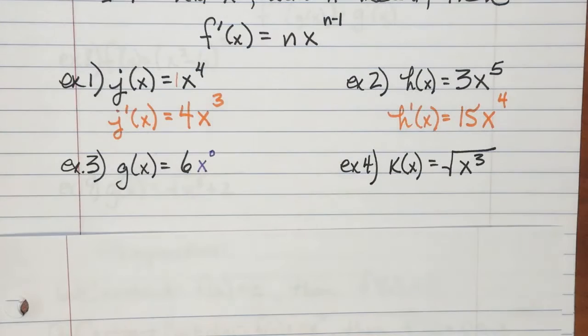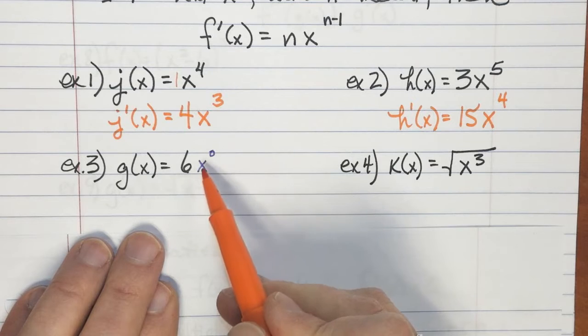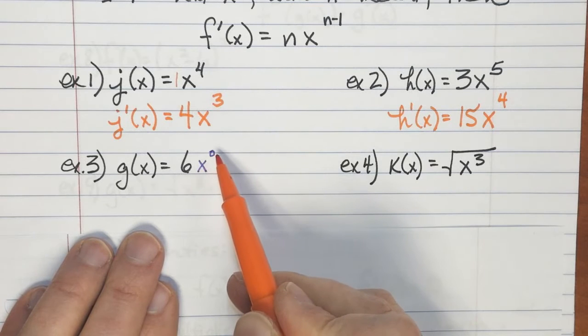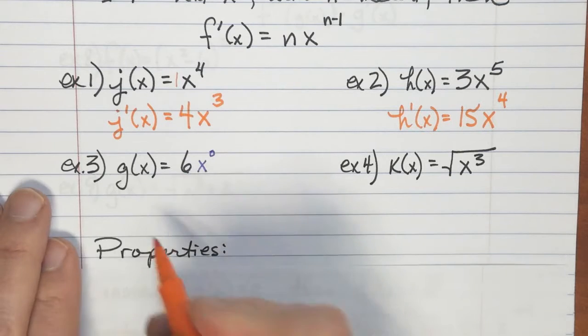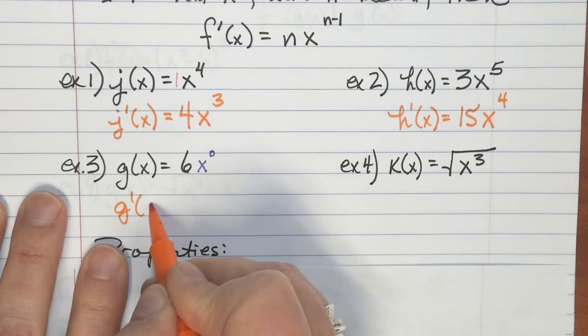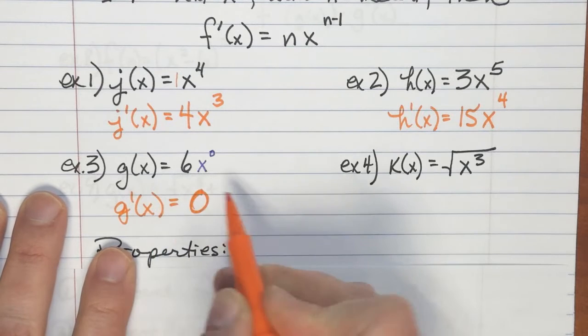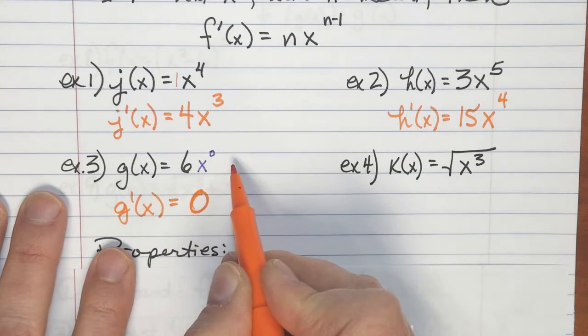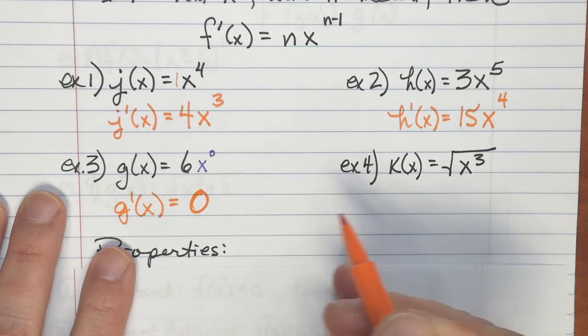So if I put that 0 there, then you can think of that as just 1. I haven't really changed the value at all, but now you can bring that exponent down. 0 times 6 is obviously 0. So the derivative of this would be 0. But think about it. This is a horizontal line. All horizontal lines have a slope of 0. So that makes perfect sense.